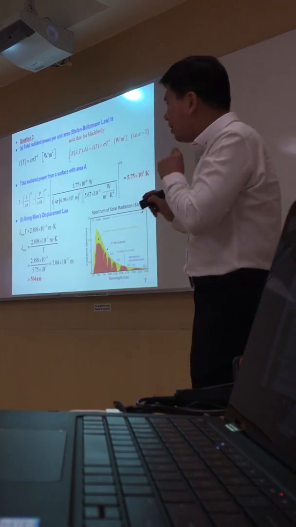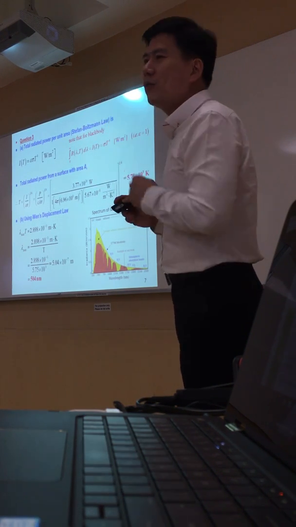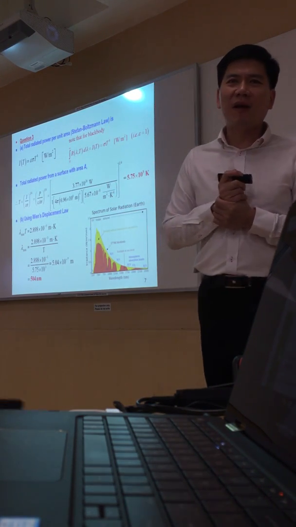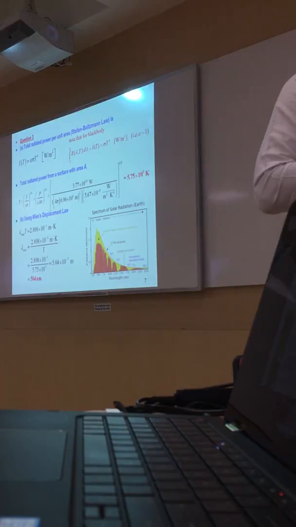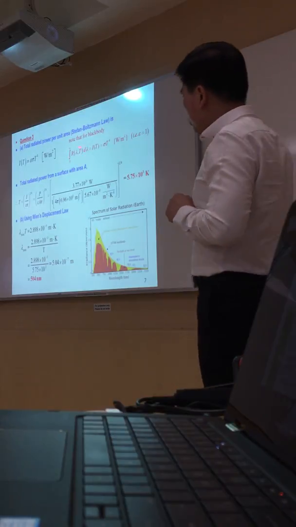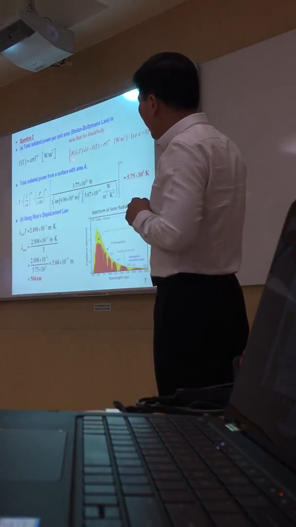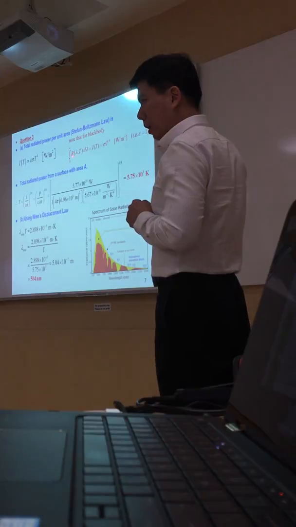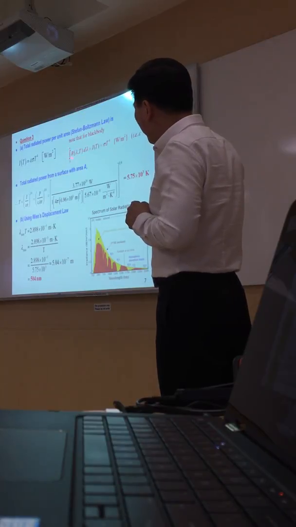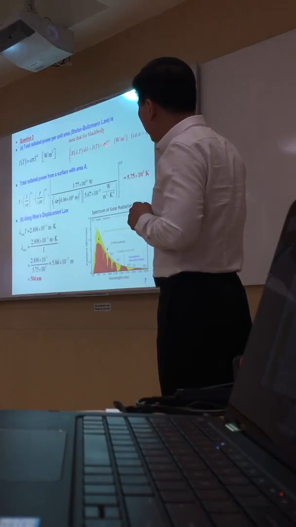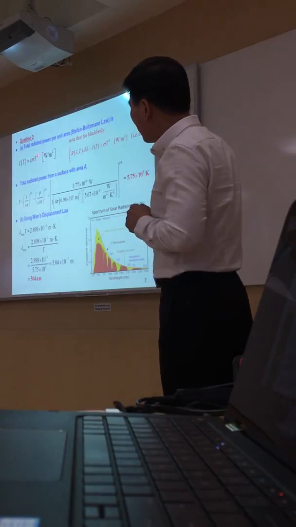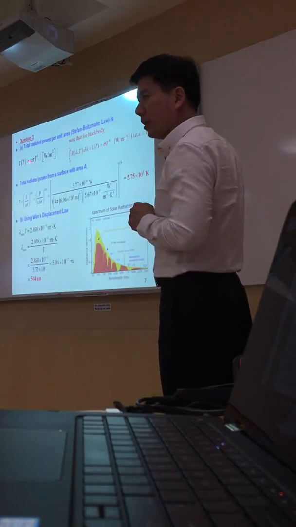But when you integrate across the whole spectrum, there is a closed form. If you're interested, you can find some advanced textbooks, which will show you how to perform the integral, but it involves some special function. When we integrate Planck's radiation law from 0 to infinity, it gives us the total output power, and you can show that the integral is equal to sigma T to the power 4, which is exactly what the Stefan-Boltzmann law is telling us.